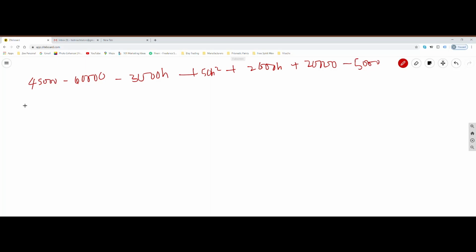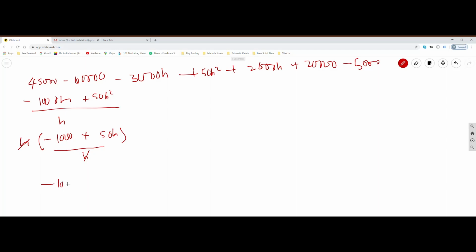So what it comes down to is, sorry, minus 1,000h plus 50h squared over h. So you take out h, you get negative 1,000 plus 50h over h, the h's cancel. You're left with negative 1,000 plus 50h. When you substitute 0 for h, you're left with negative 1,000.